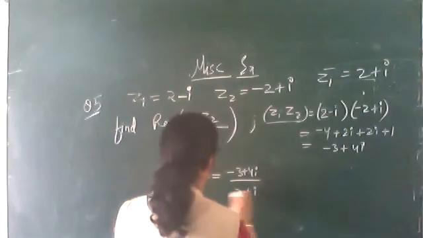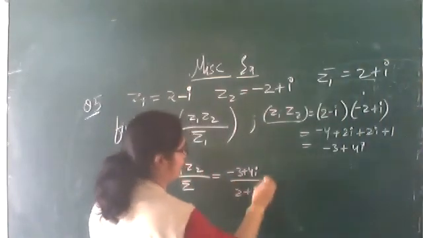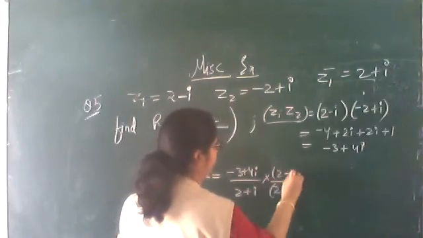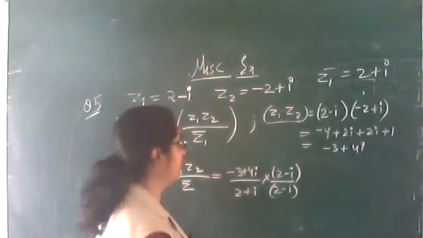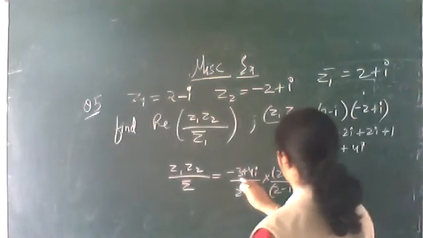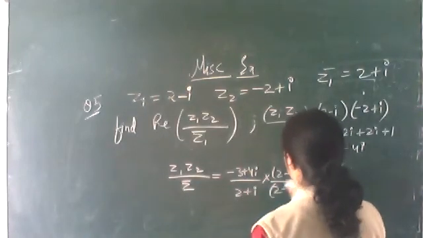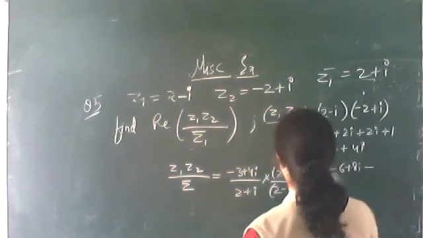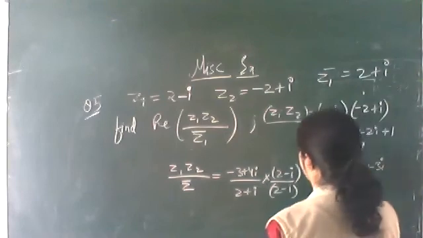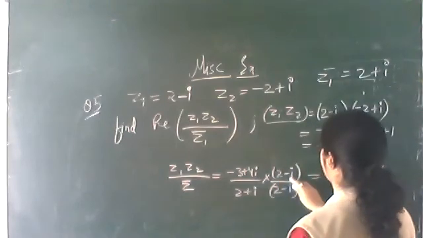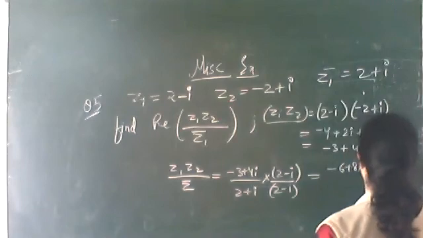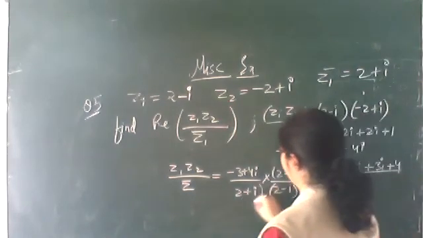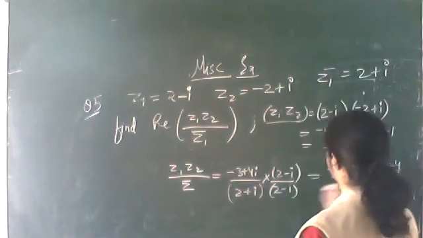So now we'll rationalize it. 2 minus iota in the denominator, 2 minus iota in the numerator, multiply just. So what we are going to get: minus 3 into 2 is minus 6, 2 fours are plus 8 iota, minus into minus plus 3 iota, and then 4 into iota square will be minus 4 into minus 1 is plus 4, divided by a minus b into a plus b, a square minus b square.